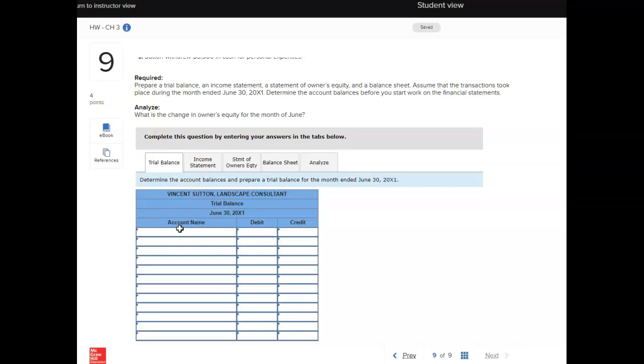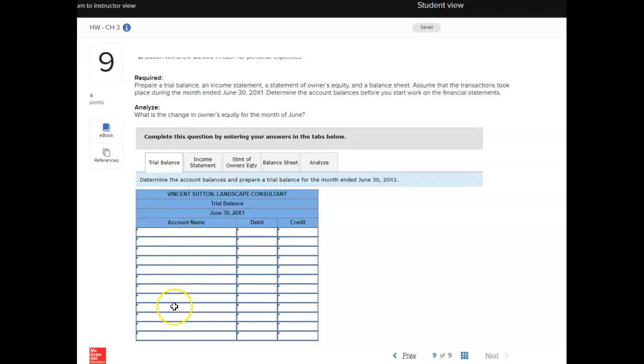After you've finished transferring account titles and debit or credit balances from the T accounts in problem 8, be sure your trial balance is in balance. The total of the debit column must equal the total of the credit column.